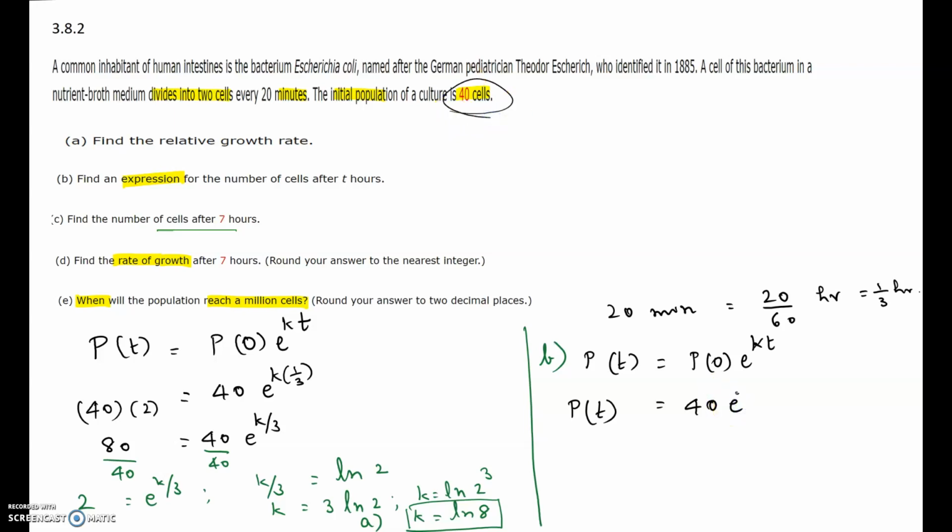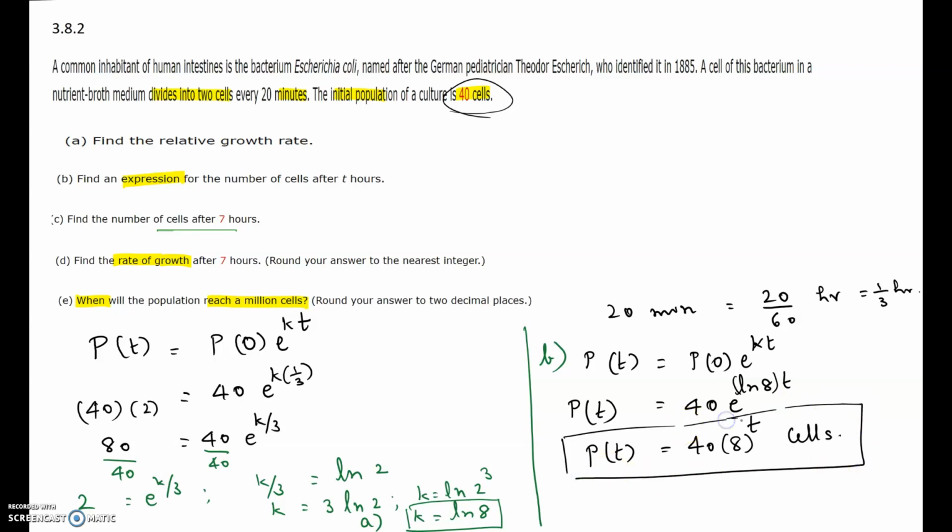E to the k we found out from part A, which is ln 8, times t. So that will be 40. E and ln are inverses of each other. So it will become 8 to the power of t. So the number of cells after T hours is given by the formula P of T equal to 40 times 8 to the power of T.